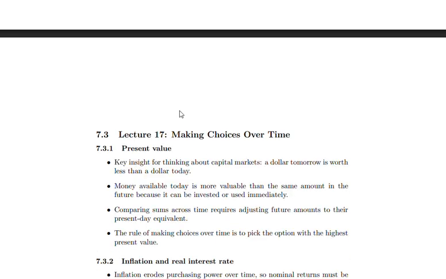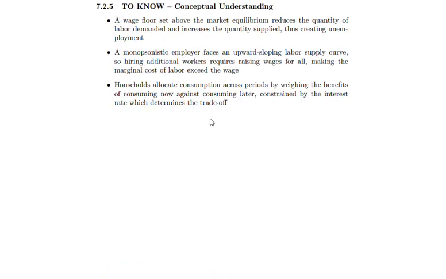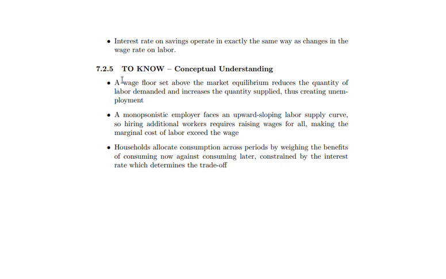What's the takeaway of this? A wage floor set above the market equilibrium reduces the quantity of labor demanded and increases the quantity supplied, thus creating unemployment.